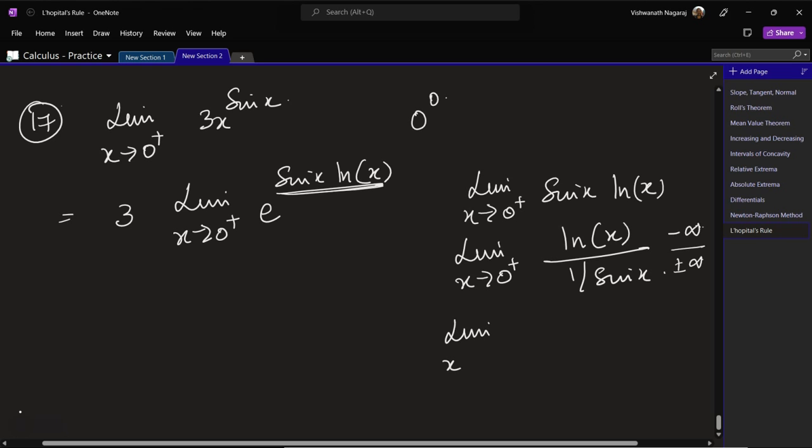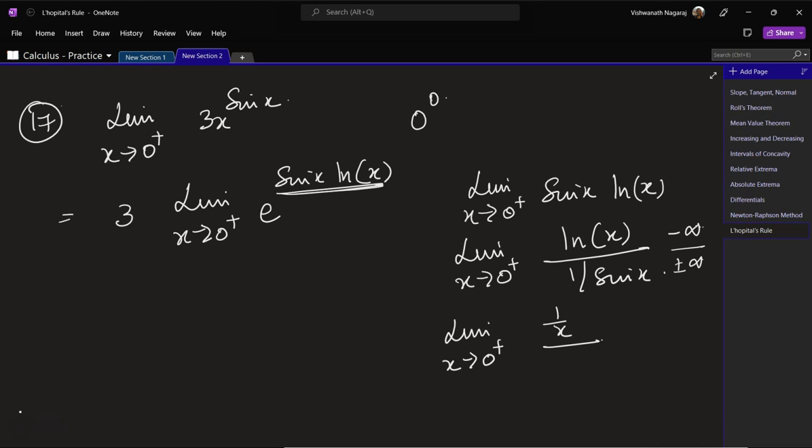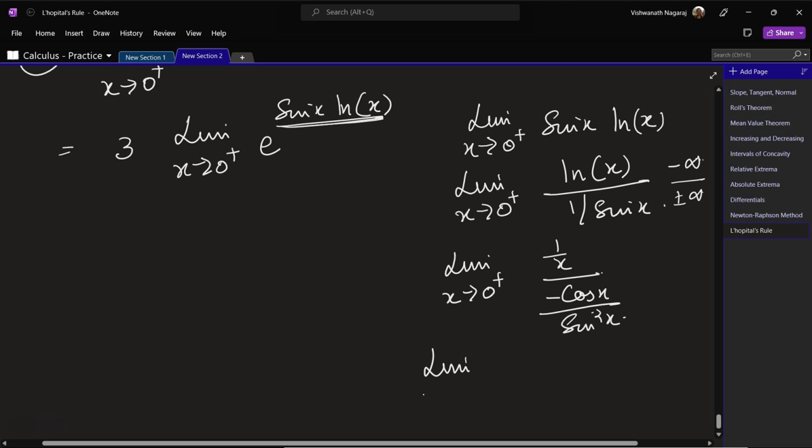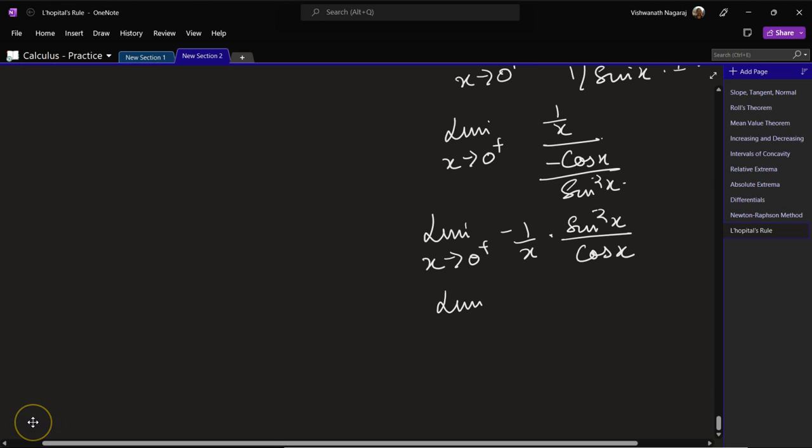We get limit as x approaches 0 of 1 by x divided by minus cos x by sine square x. And this, let's rewrite it as 1 by x times sine square x by cos x, and let's put the minus here. Now here's the trick.